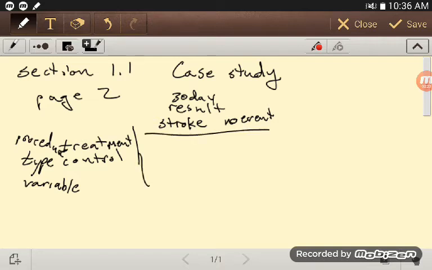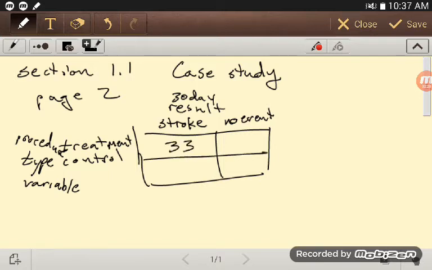And so then they fill in those data, and they had 33 there, 13 there, 191 there, and 214 there. And the question is, do we think we see some sort of difference between the columns or the rows? And well, yes, I think I do.